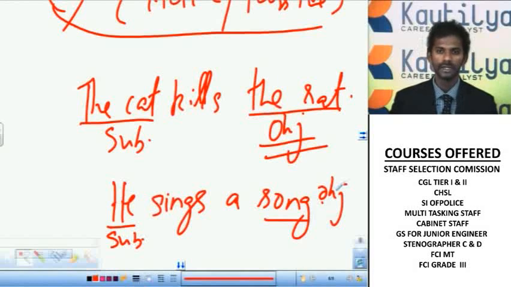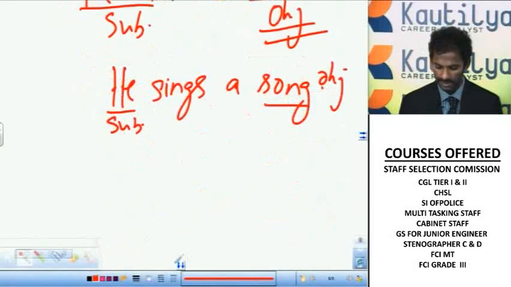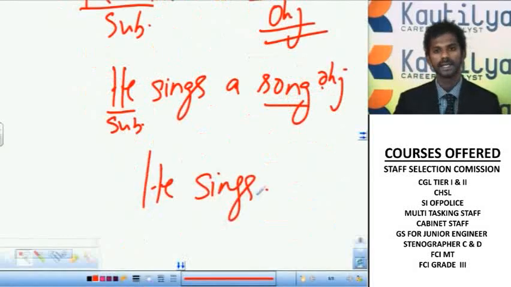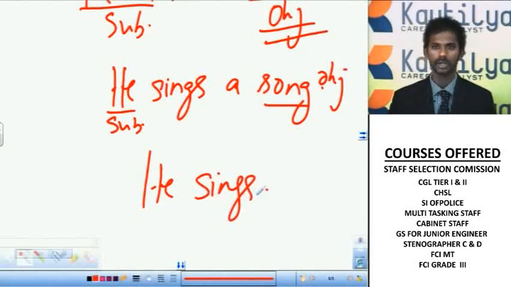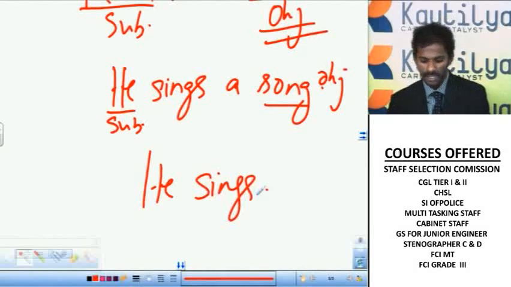A group of words that makes a complete meaning or a complete sense is termed as a sentence. Clear? Fine. If I say he sings, can this be called a sentence? Does it make a complete sense or not? Does it make a complete meaning? Yes, it makes a complete meaning, it makes a complete sense. So this can also be termed as a sentence. Fine. Subject is he.